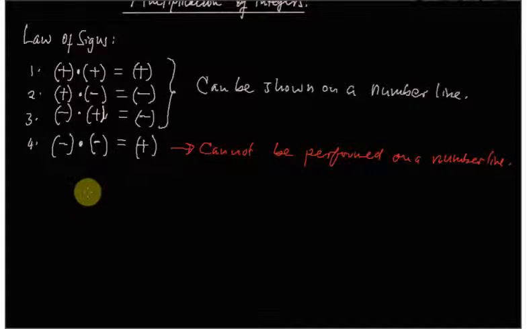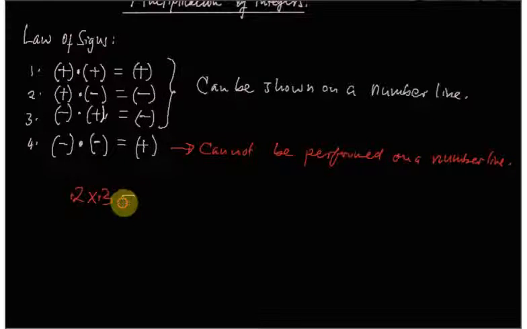Okay, now let us look at this. Suppose we want to perform 2 times 3. This one is positive and the other one is also positive, so this is a positive times positive. It takes the first scenario. We want to perform that on a number line.